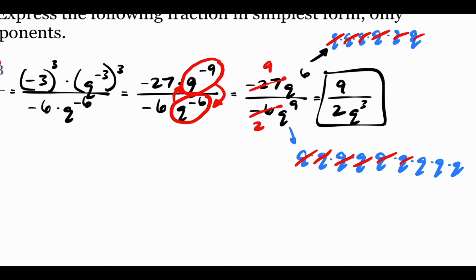Because when I subtract them, 6 minus 9, I get negative 3. Well, negative means move it to the bottom. That's why there's 3 left on the bottom. Okay?